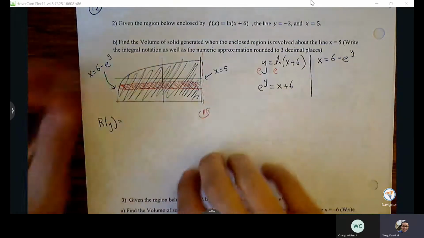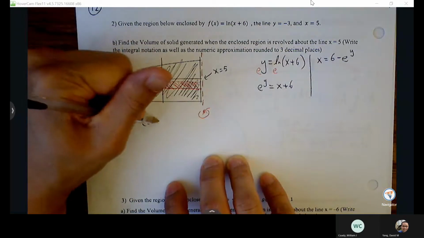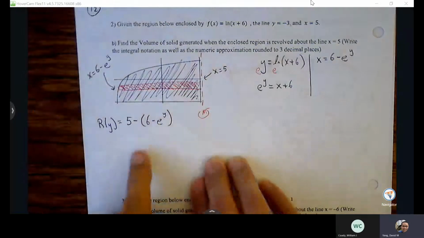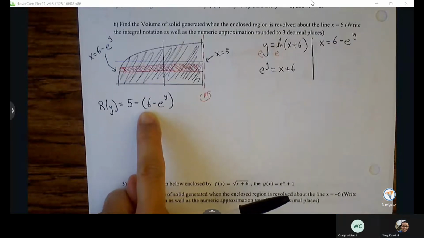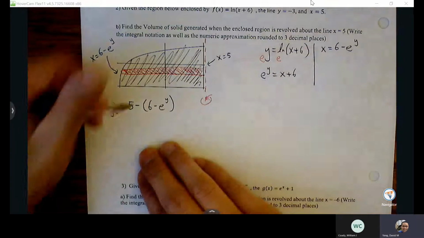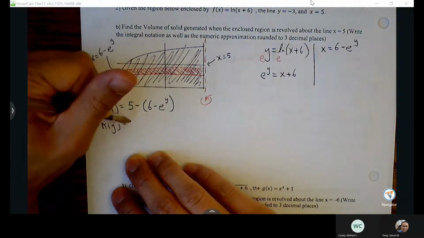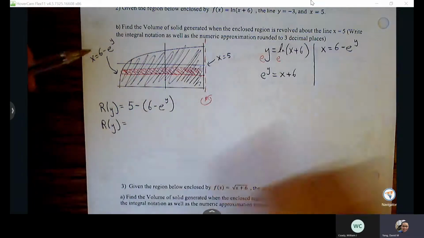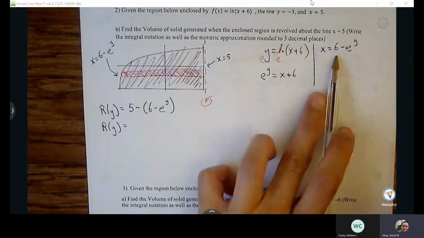Make sure you put the parentheses, otherwise, without the parentheses, you may forget to distribute the negative through. Oops, I'm sorry, my bad. X is e to the y minus 6. All right, I messed that up.